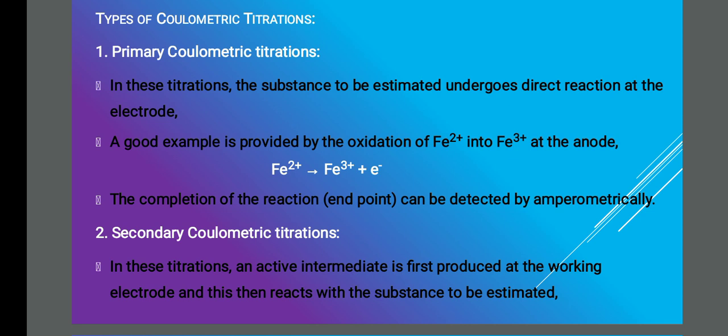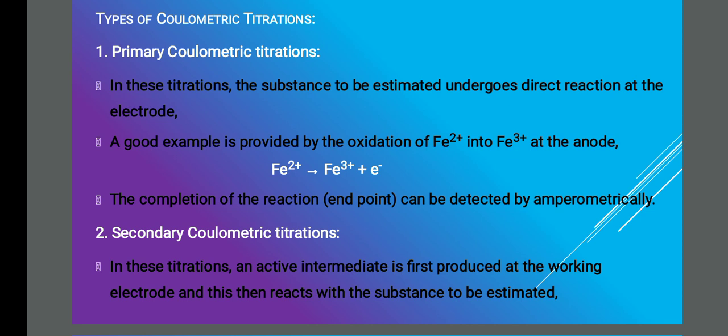A good example is the oxidation of ferrous ion to ferric ion at the anode. So Fe2+ gives Fe3+ plus electron. The completion of the reaction, or the end point, can be detected amperometrically.